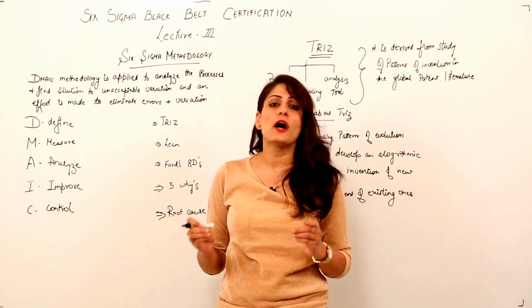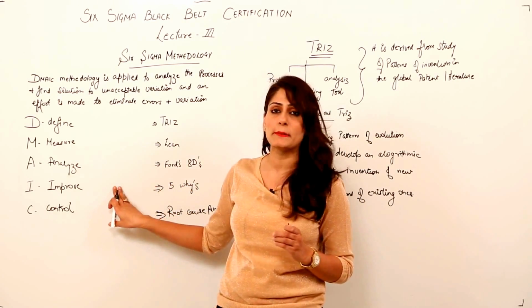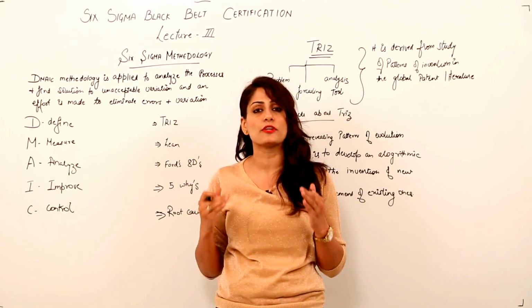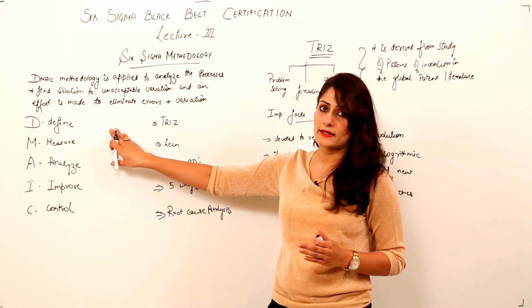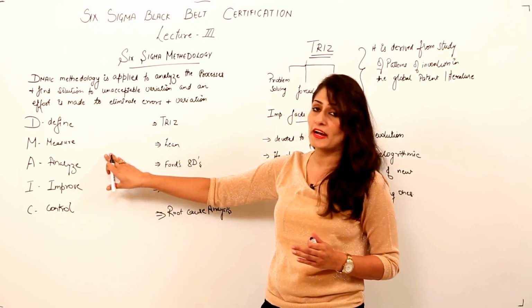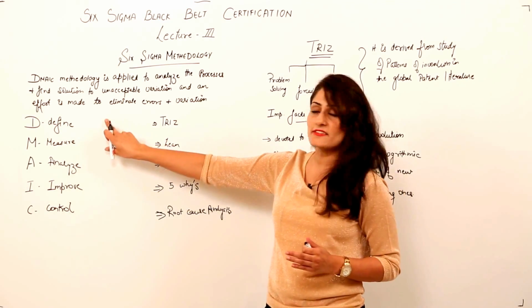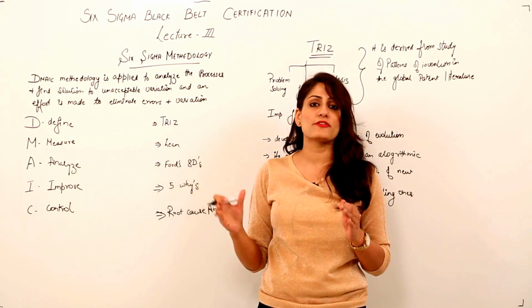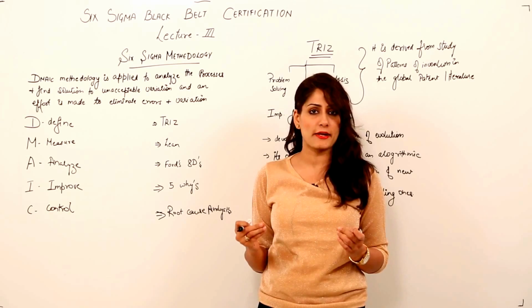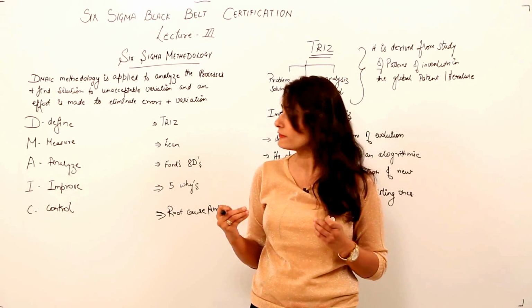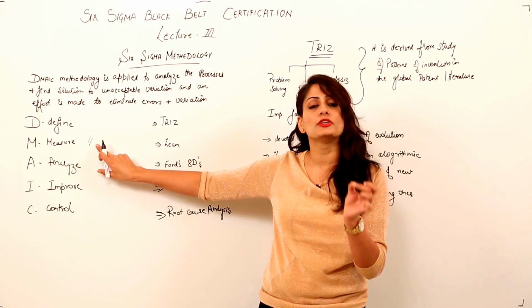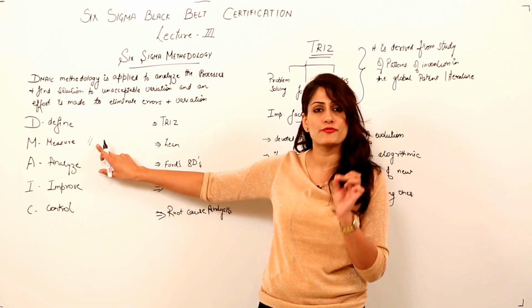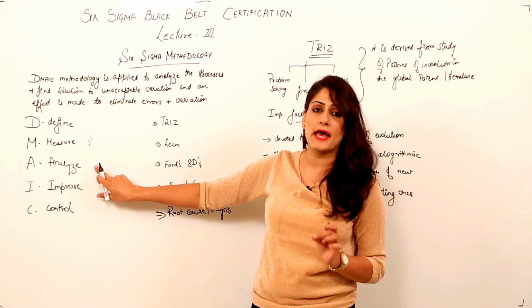In this lecture, I would just give you a brief of what DMAIC and what other statistical tools are used in 6 sigma. So, to begin with DMAIC, it is a 5-step or a 5-phase approach. D stands for define. In this phase, you define the goals of your improvement efforts, that is what you want to achieve. Then comes measure. Here you measure your existing system and its faults. Then comes analyze.